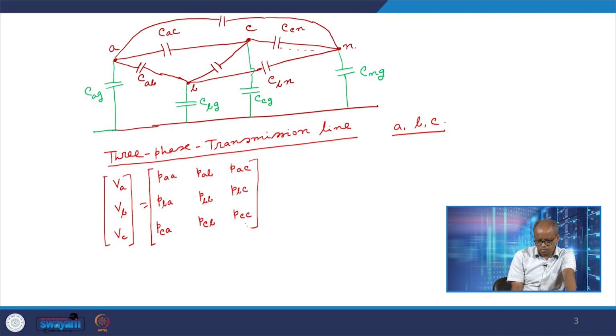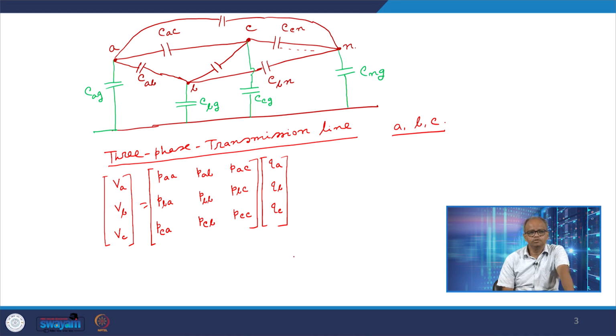We have already looked into the expressions of all these coefficients, how to calculate them, so we are not repeating them. So, QA, QB, QC. Please note that all these coefficients can be calculated in terms of the distances between the conductors as well as the distance of every individual conductor with respect to ground.